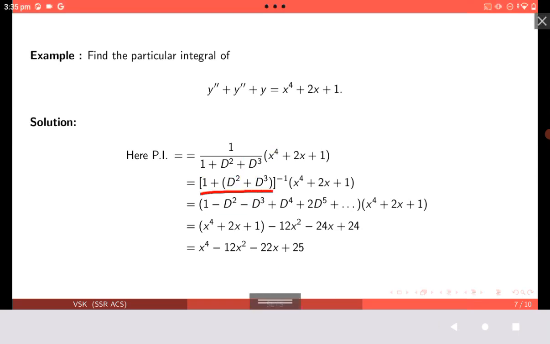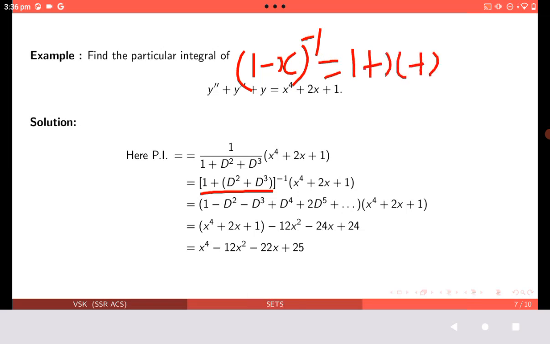So this can be written as 1 plus D plus D square plus D cube in one bracket to the power minus 1, and using the expression which I told in the last slide, we expand this. In the case of plus, the signs become minus, plus, minus, plus.